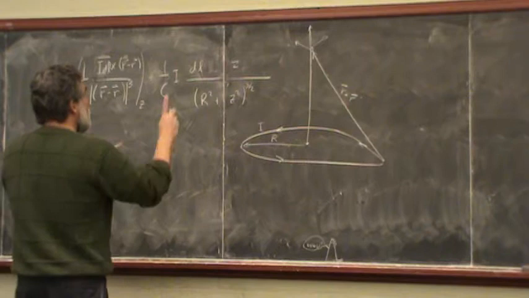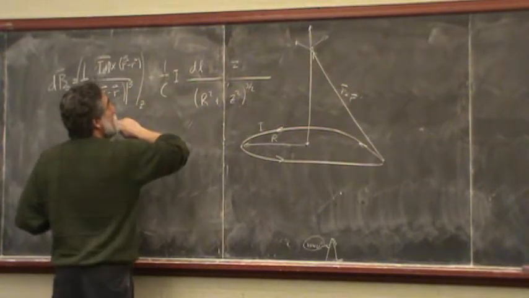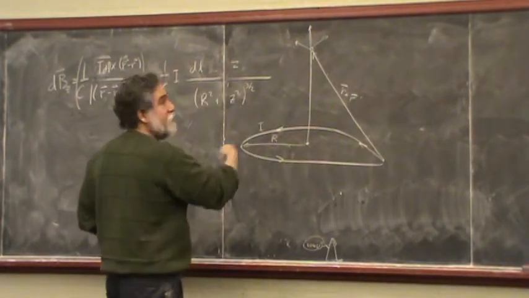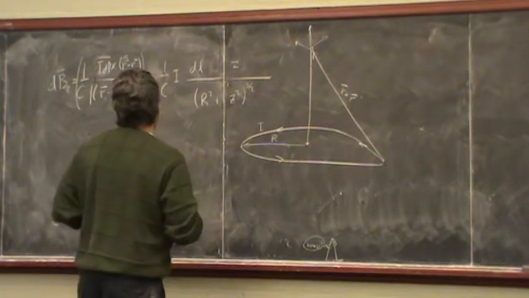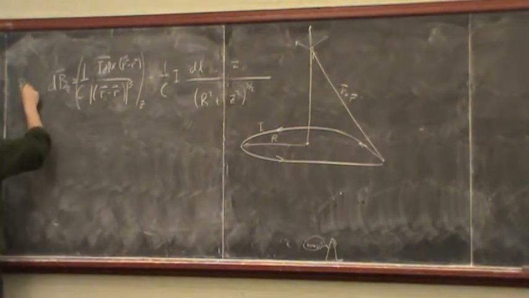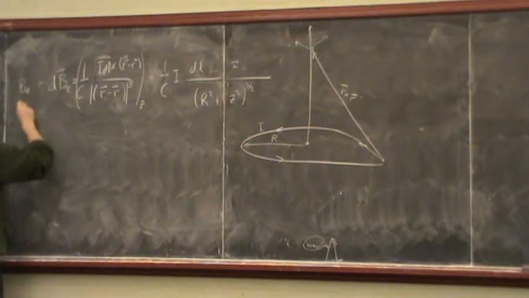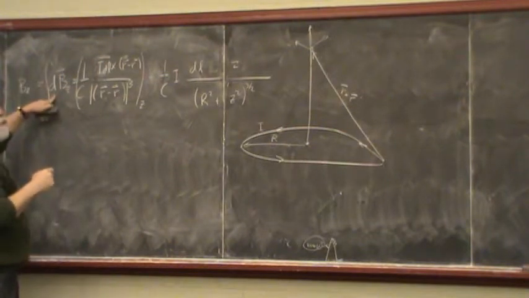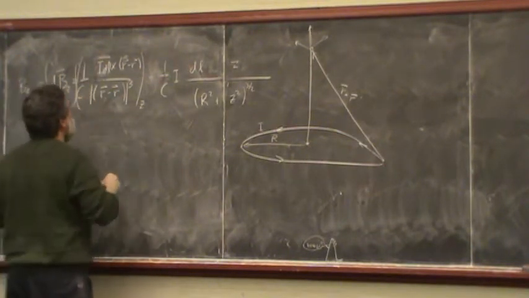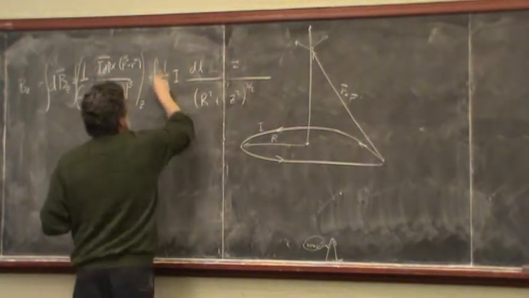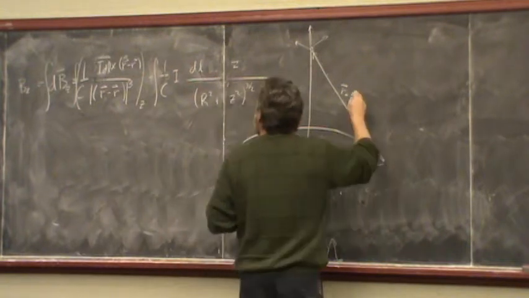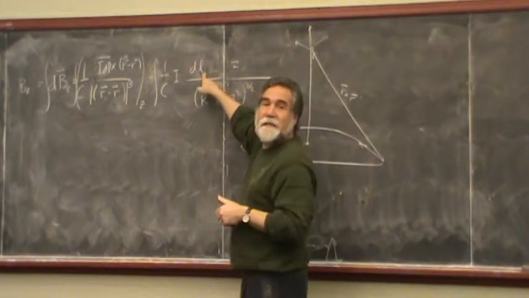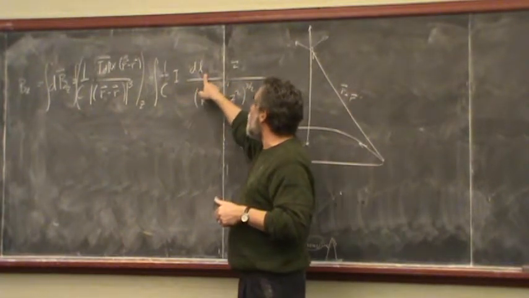I'm only concerned with the z component from this guy here, and then I'm going to integrate over the length of the wire. So the total magnetic field along the z direction is dB_z integrated over all the sources, integral dl. The integral over dl is just 2 pi R.